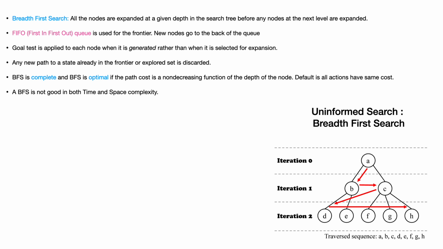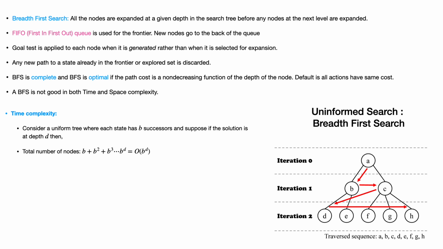If you see more details of the time complexity, consider a node which generates b successors, and once again each of these successors generates b successors. This means that if you have a depth of d layers, and at each layer each node generates b successors, you will have a total number of nodes as b plus b squared plus b cubed and so on, up to b to the power d, which in big O notation is O of b^d.